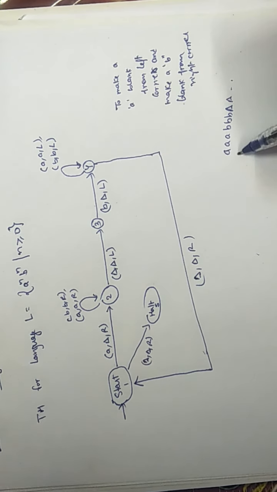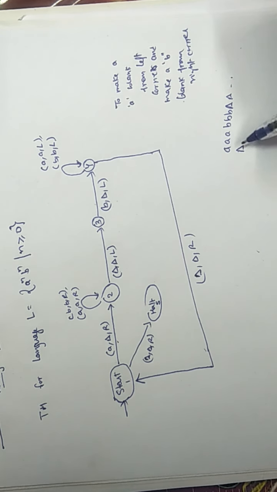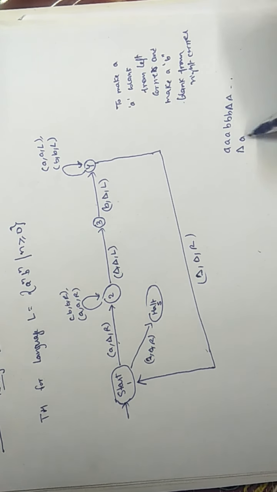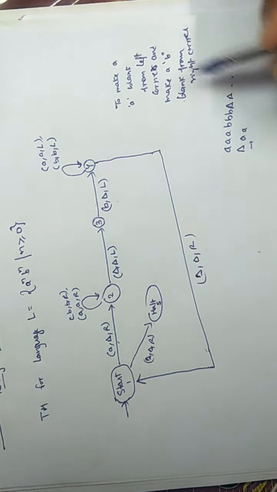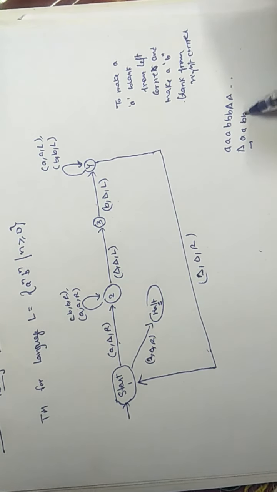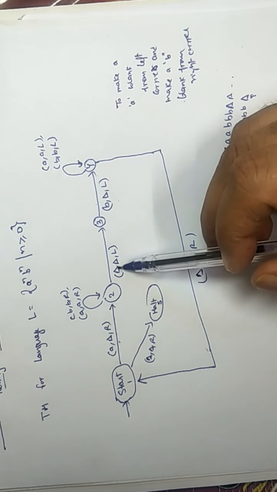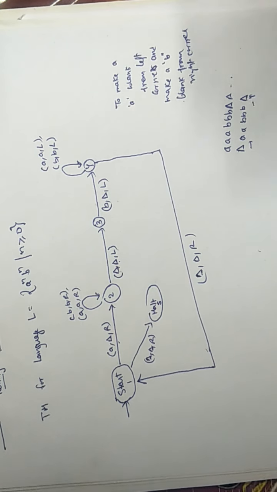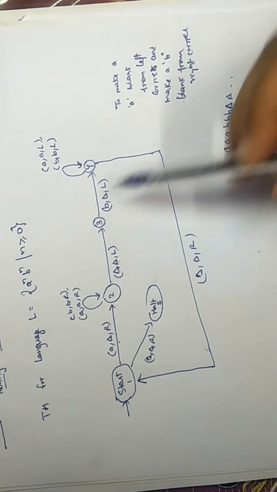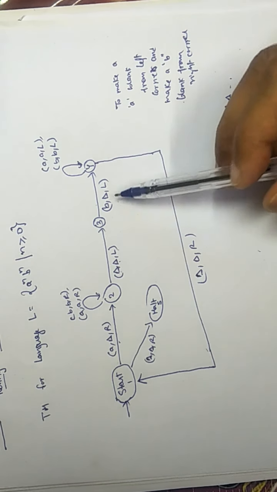We start from this A, we make this A blank, then we read all A's and leave them unchanged, then read B's and move to the right corner. Here we get a blank, and by reading blank we leave it as it is and move to the left to this position, and here we read a B and make this B blank using this transition.